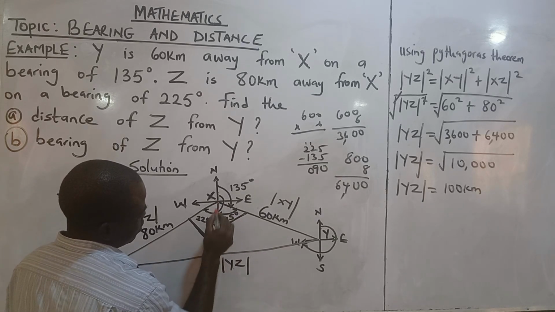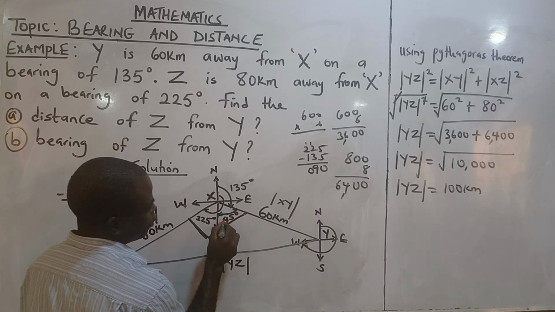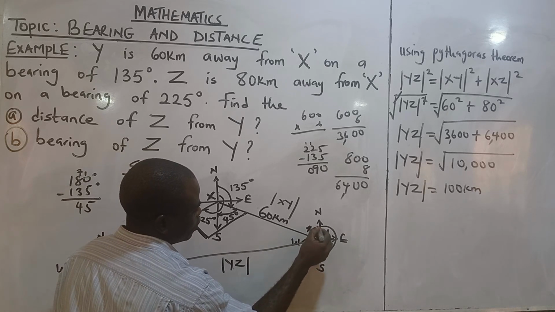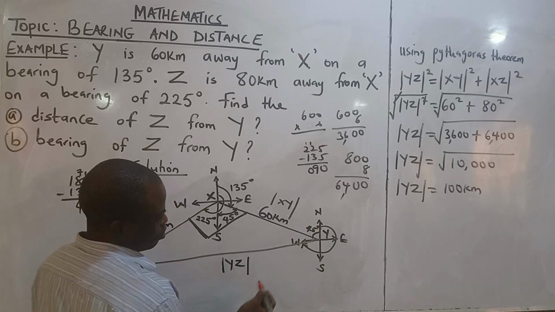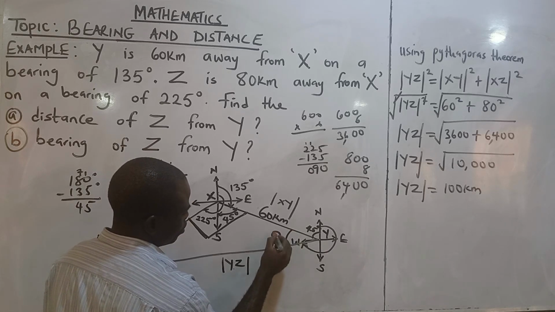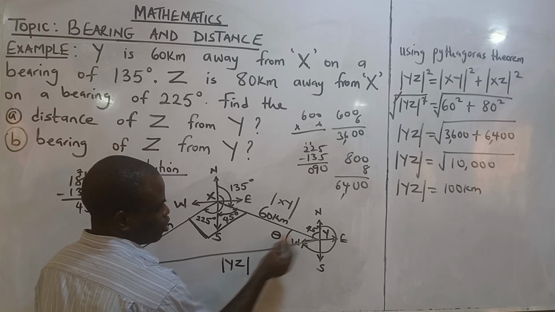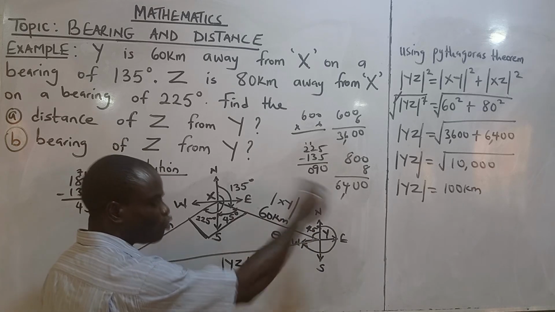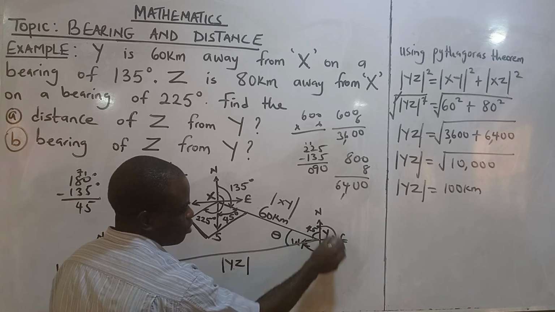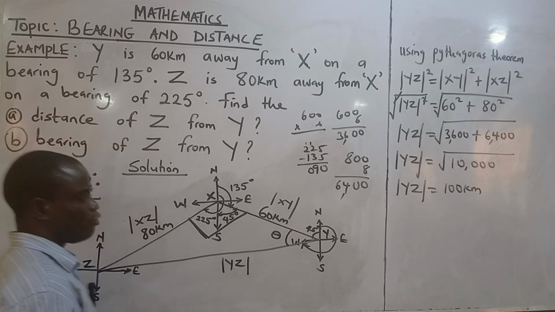These lines are parallel to each other. That means that 45 degrees is alternate to this side. That's 45 degrees. Now we need to look for this angle. Let's call it angle theta. When you get this angle, you add it to this 45 degrees and remove it from 360 degrees. We now know the remaining angle that we are looking for.